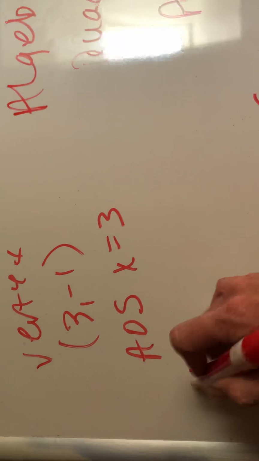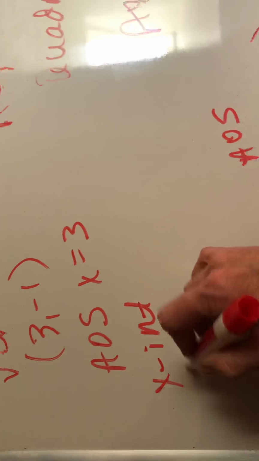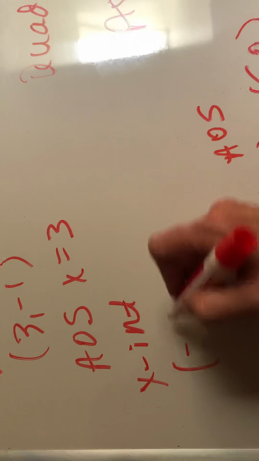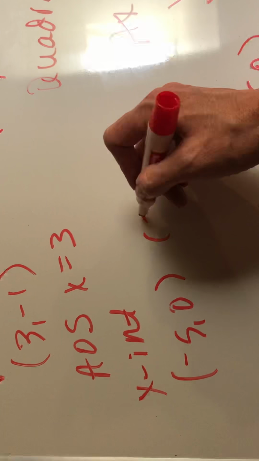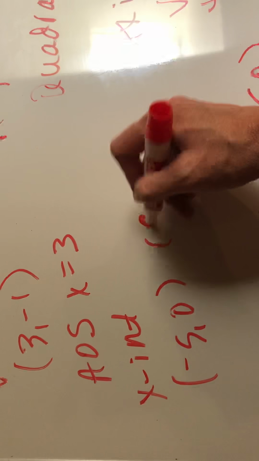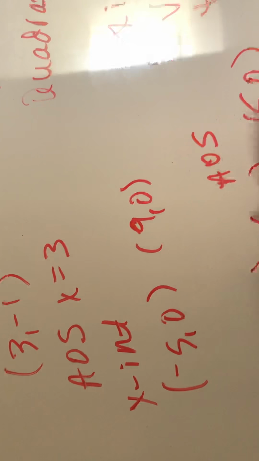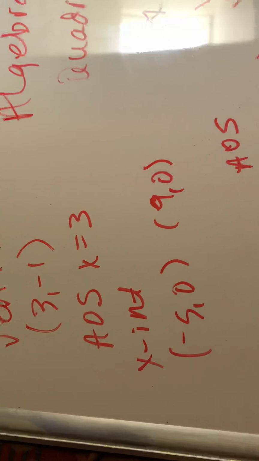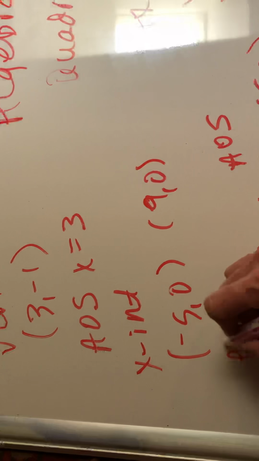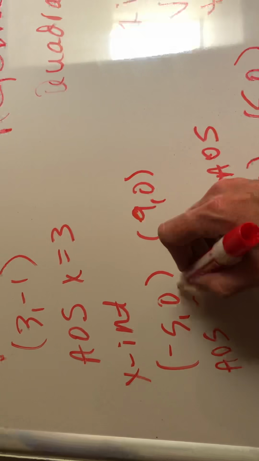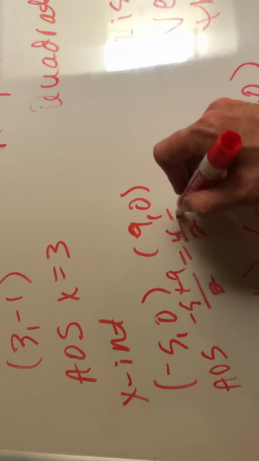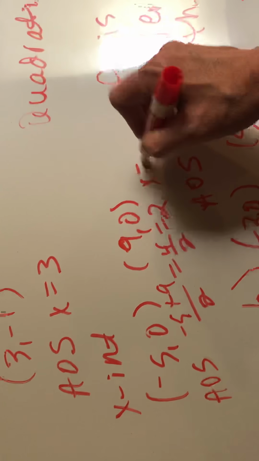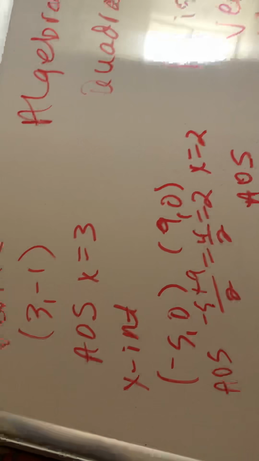Then if we're given x-intercepts again, say (-5, 0) and (9, 0). Those are my x-intercepts. If I want the axis of symmetry, I average them. -5 plus 9 divided by 2. That'd be 4 divided by 2, so that'd be 2. So x equals 2 is your axis of symmetry.